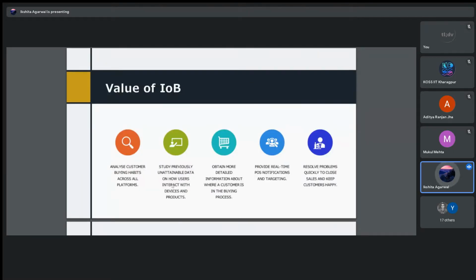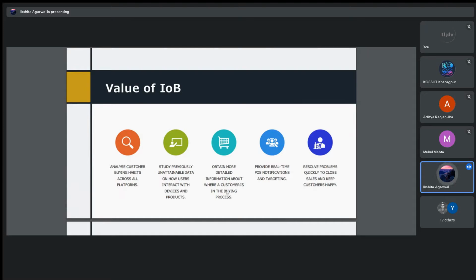Next, what value does IoB give? Seen from an industrial point of view, it analyzes customers' buying habits across all platforms, and studies previously unattainable data on how users interact with devices and products.